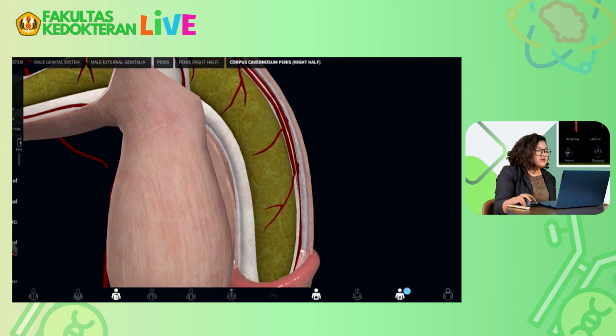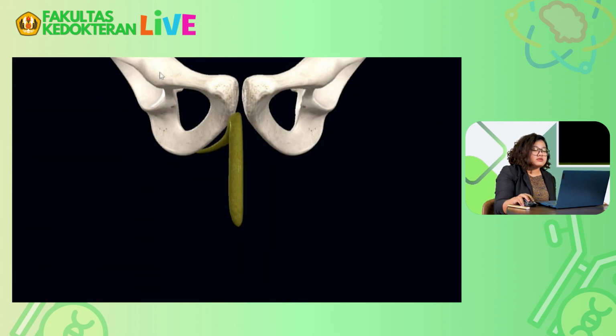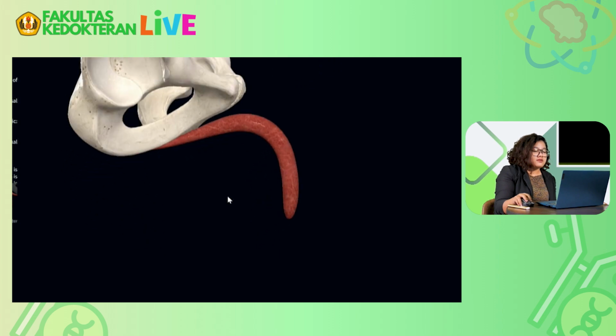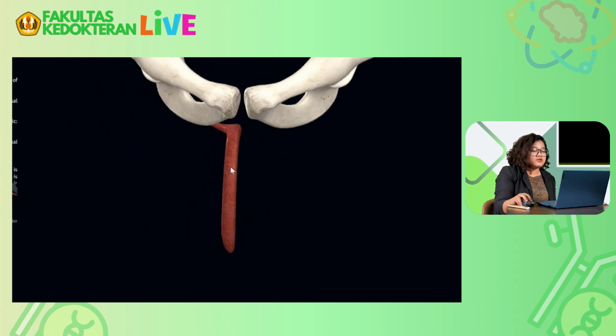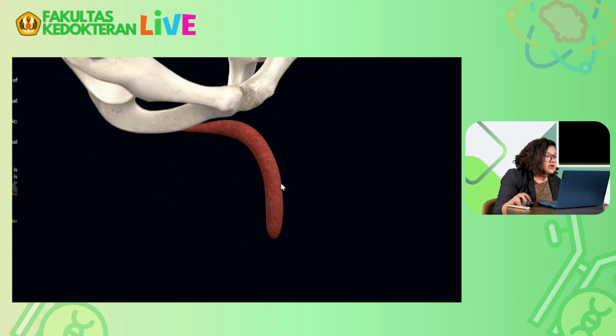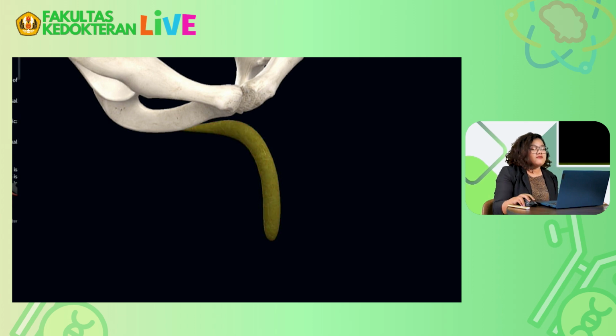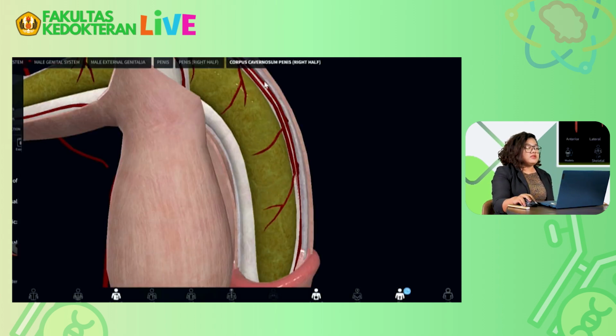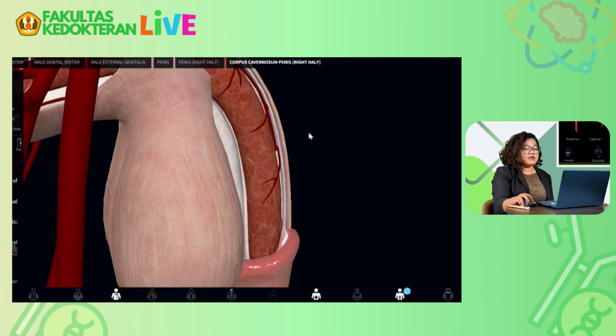Okay, let's try to isolate this. This is the corpus cavernosum on the right side. I want to show you the internal part, but I don't think we have that feature, so we'll leave it at that.